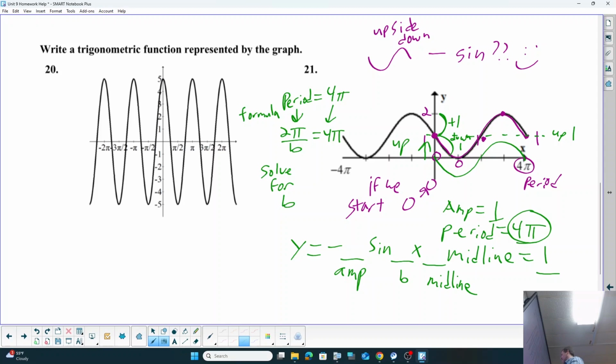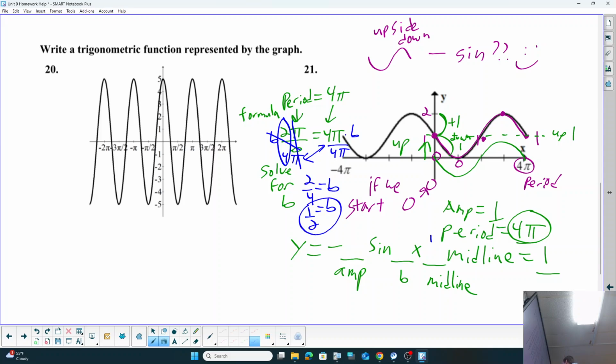So how do you solve for b? You switcheroo. So b is going to be multiplied over to here, and 4 pi is going to be divided down here. Now our pi's cancel, and we're left with 2/4. So b is equal to 2 over 4, which is a half.